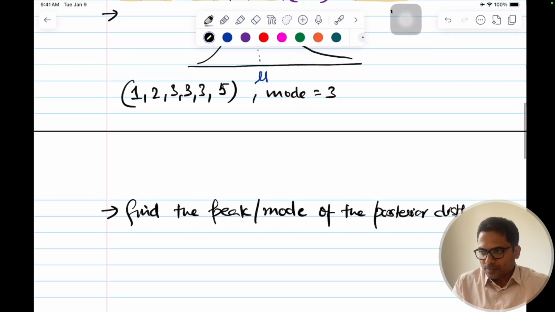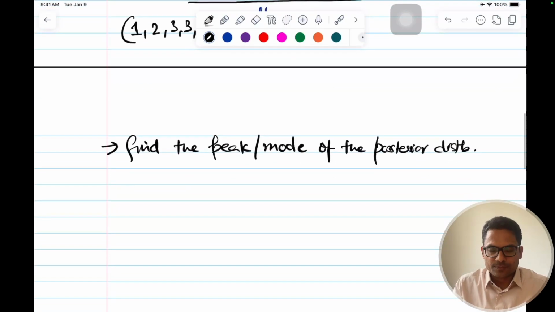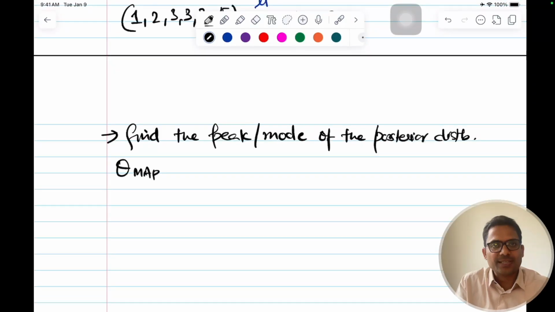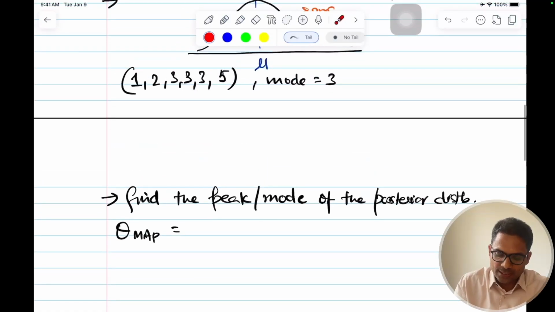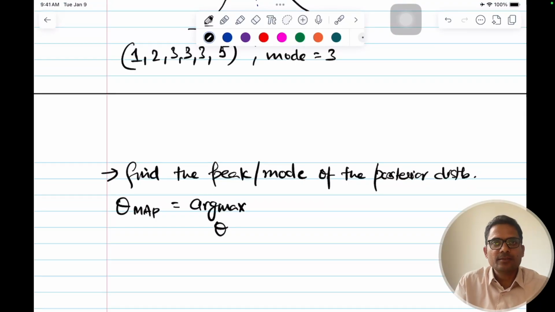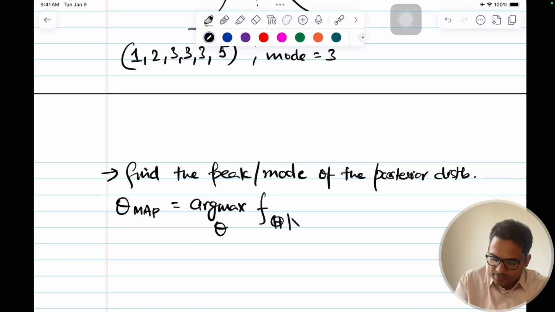So let's begin. This will be represented as theta MAP, as we did theta MLE in the last class. So theta MAP is the point estimate that maximizes my posterior distribution: argmax over theta of the posterior, theta given x.